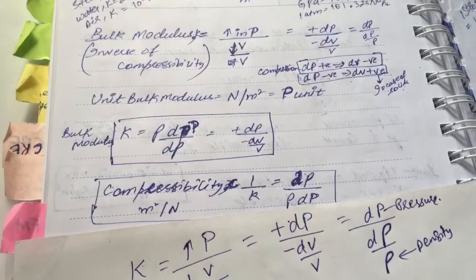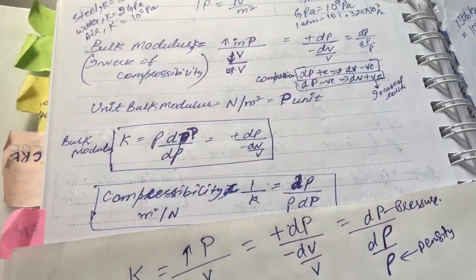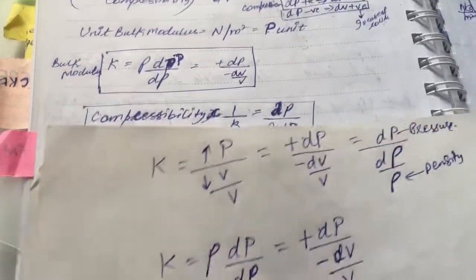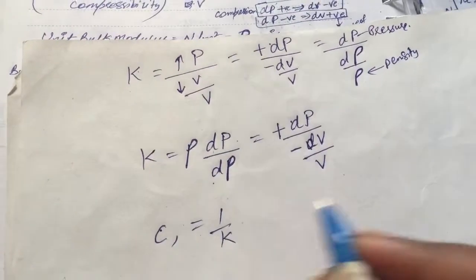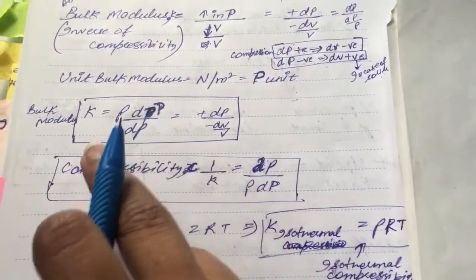And bulk modulus is inverse of compressibility, so compressibility, mentioned as C, is equal to 1 by K. C is equal to 1 by K, which is the inverse of bulk modulus.